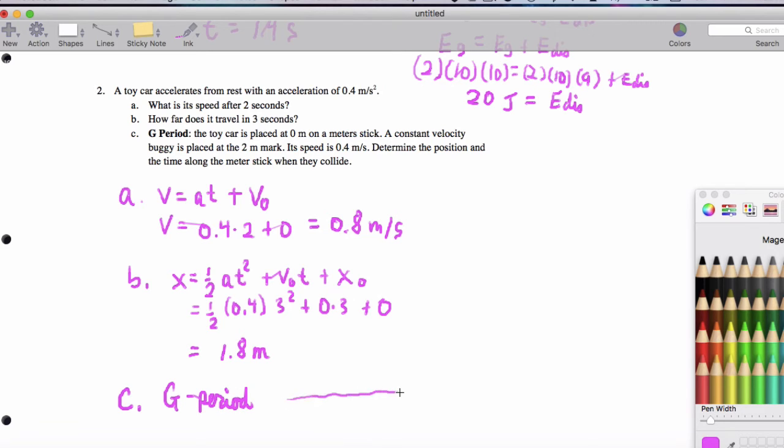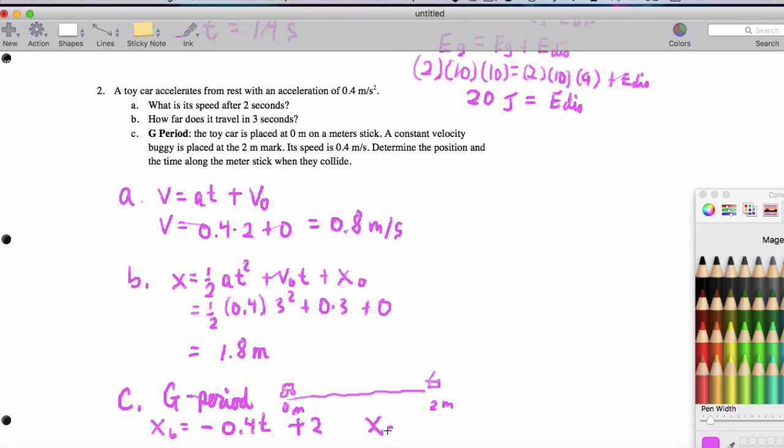Now for the next problem. We have the accelerating car starting at 0 meters, and then we have the buggy at 2 meters. Let's be really clear. The equation for the buggy: it moves at constant velocity, so x buggy is negative 0.4 times t plus 2, negative because it's going backwards.